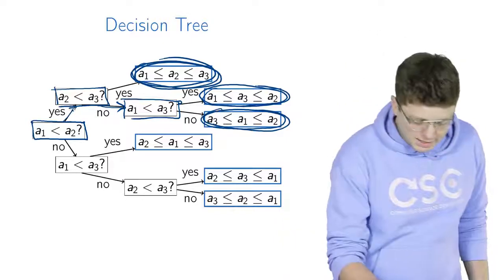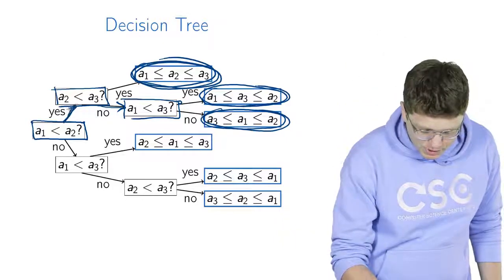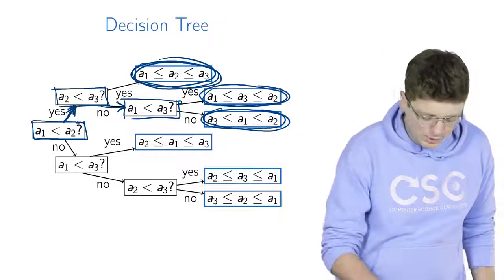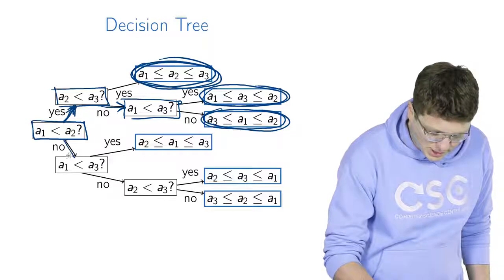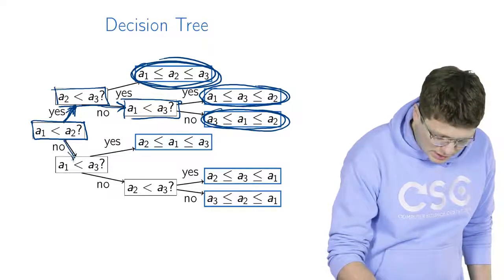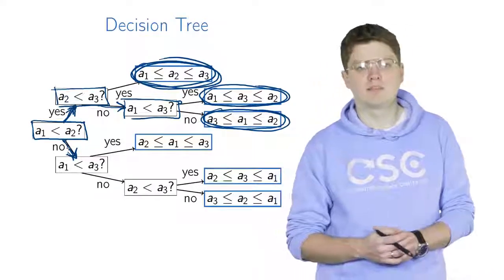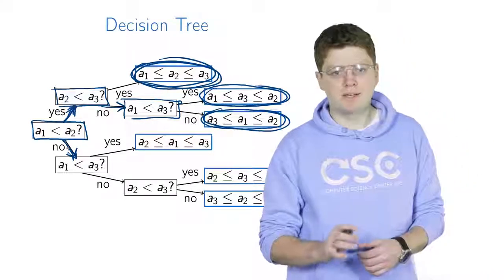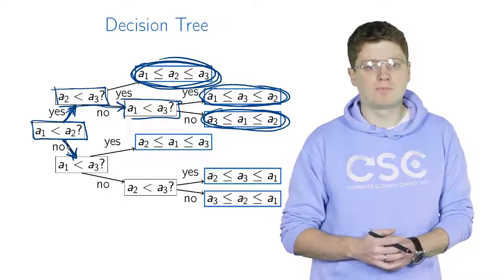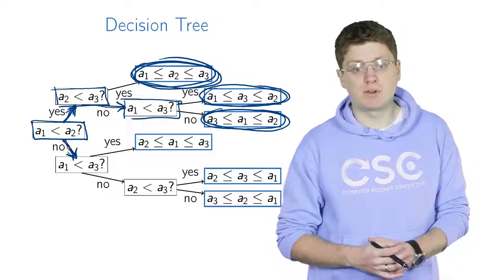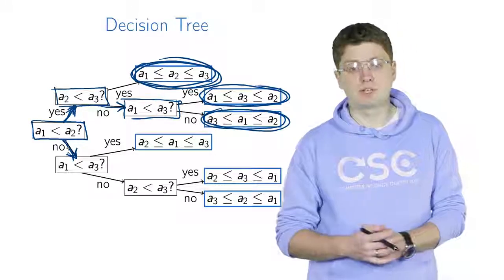Well, this was the case when A1 happened to be smaller than A2. However, we need also to consider the case when A1 happened to be at least A2. So we proceed similarly in this case. This is just a toy example of a comparison-based algorithm sorting three objects.